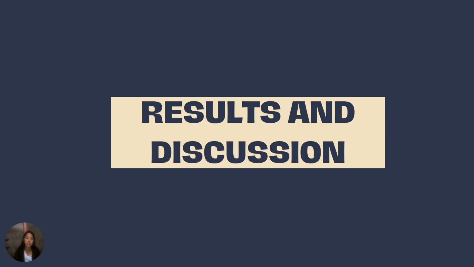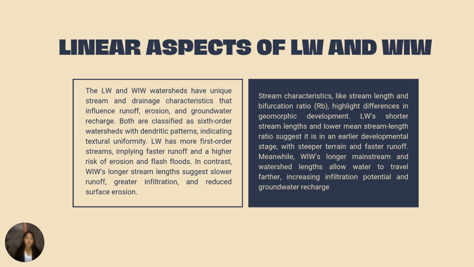Now let's go to the results and discussion. Linear aspects of the Loboc and Wahig-Inabanga watersheds. They have unique stream and drainage characteristics that influence runoff, erosion, and groundwater recharge. Both are classified as sixth order watersheds with dendritic patterns indicating textural uniformity.